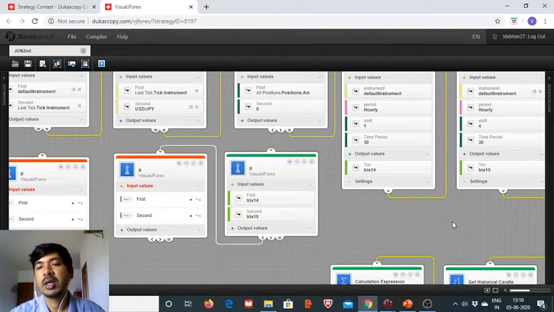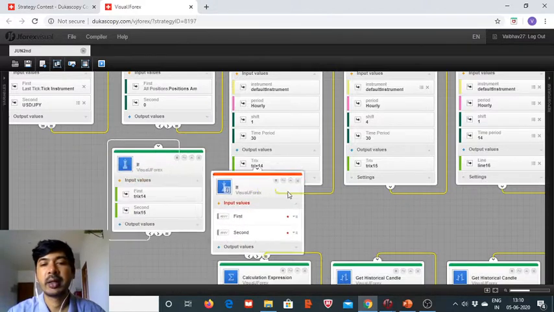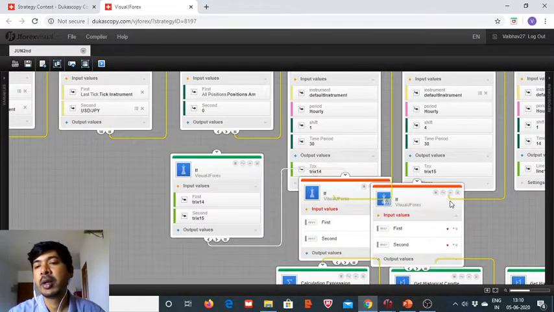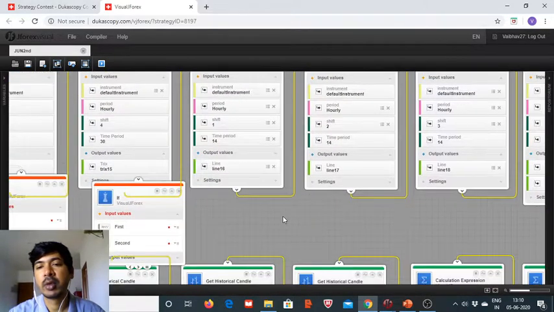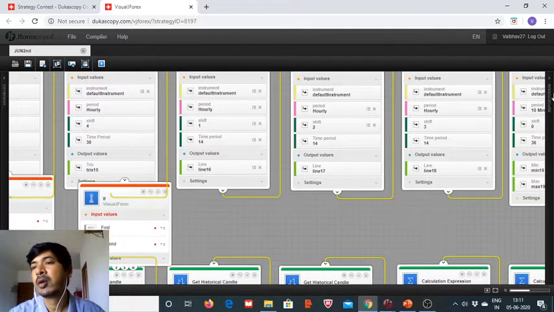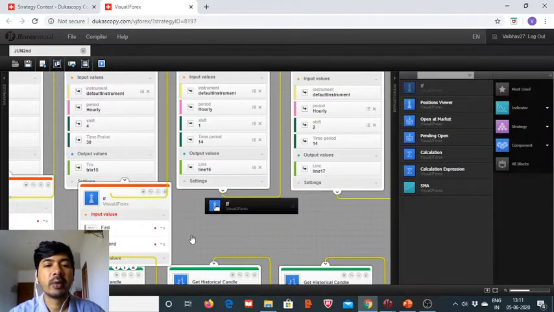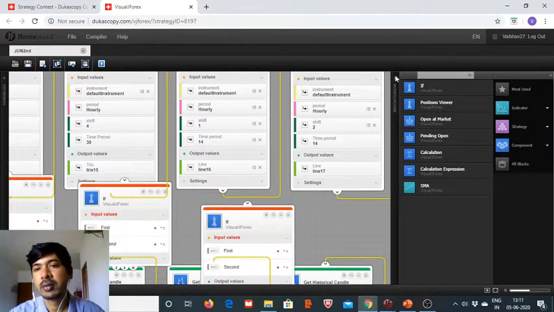Then the question is of linear regression angle, and as I said, we want some retracement to have happened, and that means the linear regression angle is in positive territory. And then from that, whenever the reversal happens, we will be placing the fresh order there.